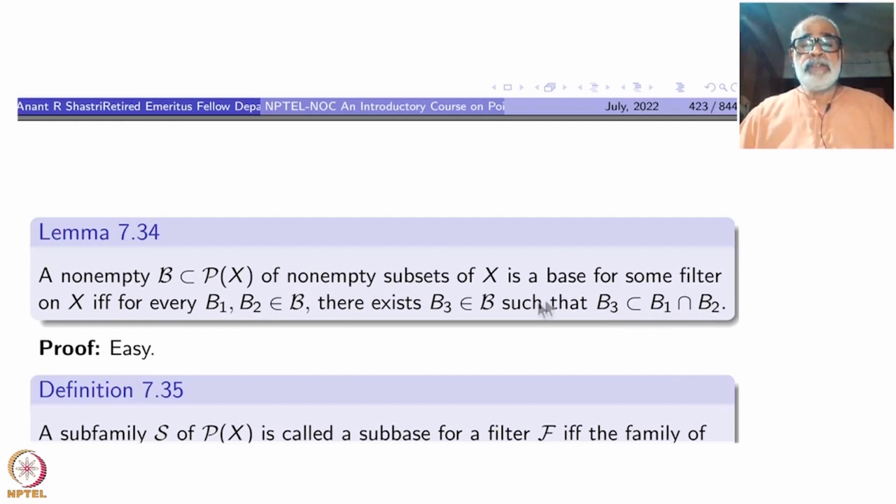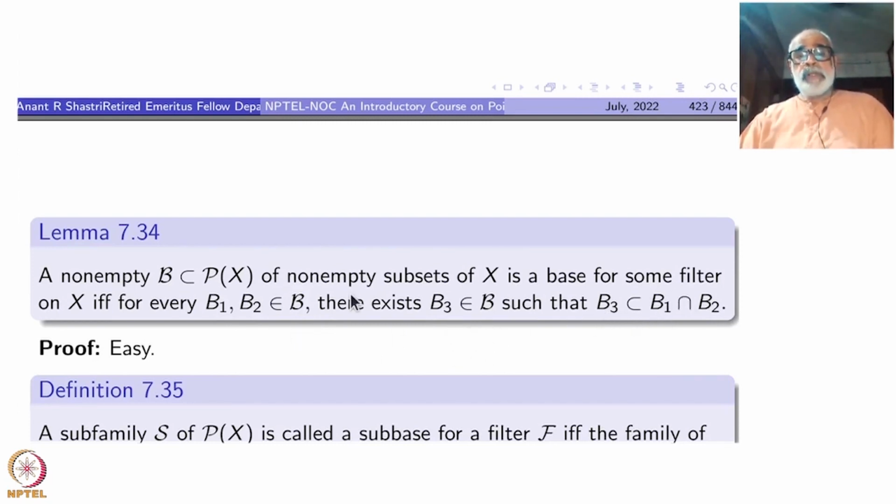You see, this is again similar to the base in a topological space, except here there is no reference to the point. Given any two members, the intersection should contain another member. The intersection itself may not be there; it should contain another member B3 from B.